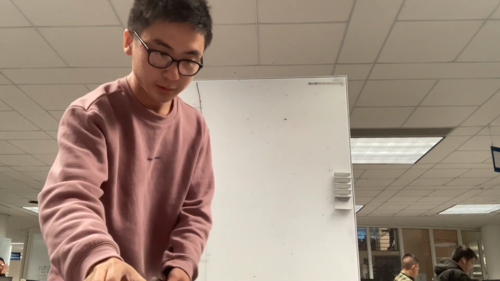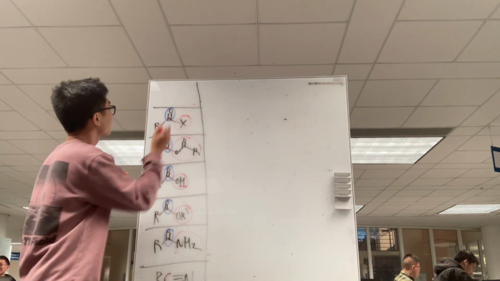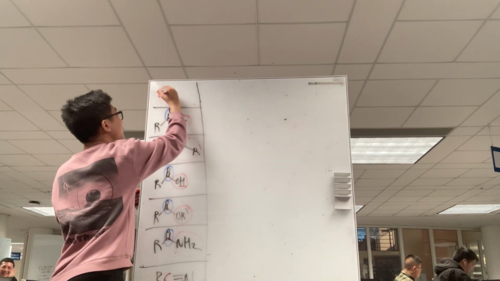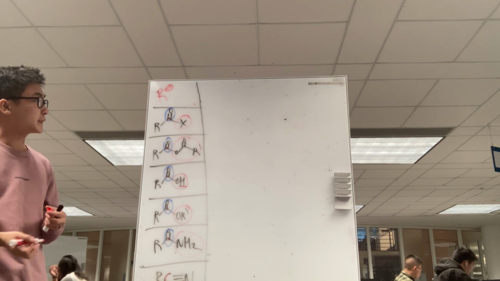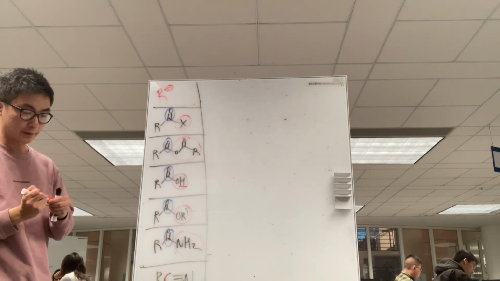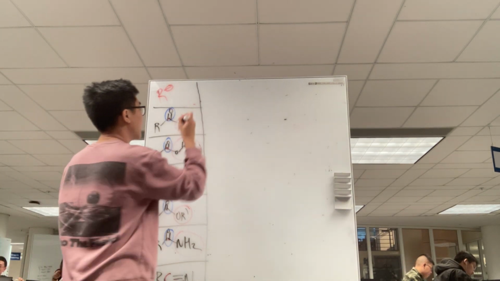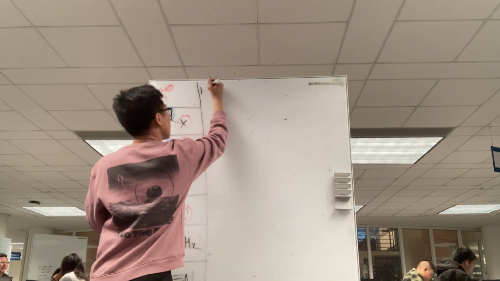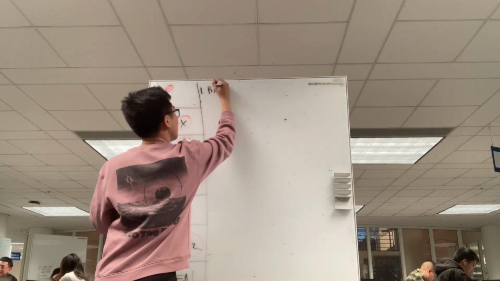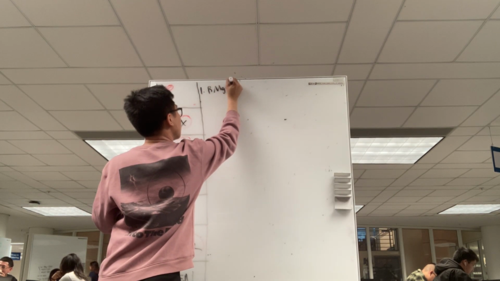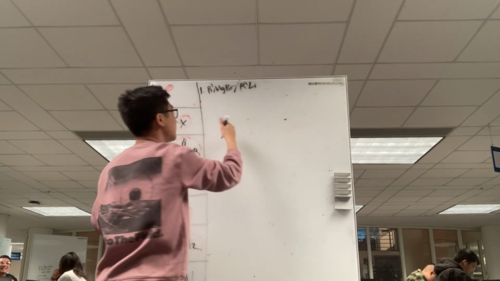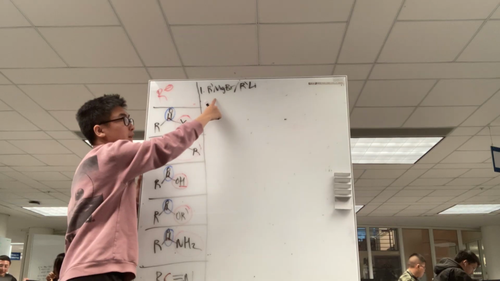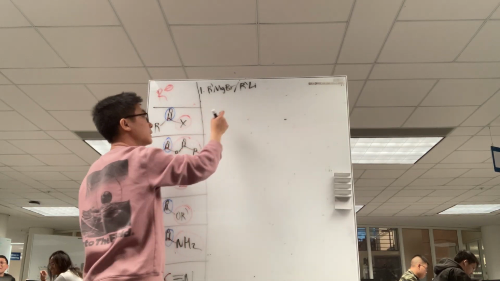Now we're going to talk about organometallic reagents, which are going to be R minus reagents. And there's a strong organometallic reagent like Grignard reagent or organolithium, which you will see as R MgBr, this is R prime, or R Li. The MgBr is the Grignard reagent, the Li is organolithium.